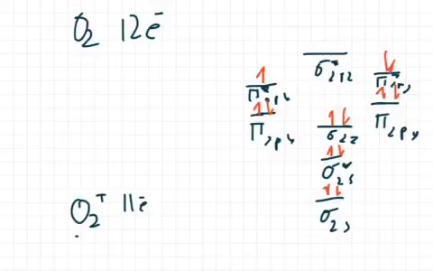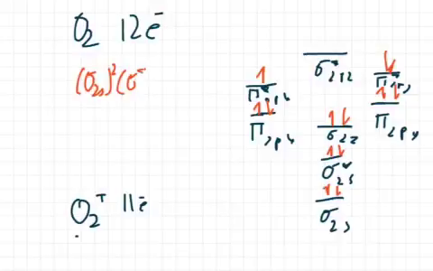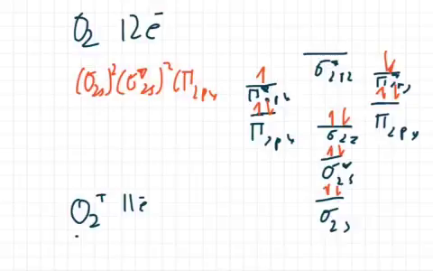So now, all we need to do is write this out in words to form the electron configuration. Sigma 2s squared, sigma star 2s squared, pi 2px, actually we should follow by complete energy level, good catch.